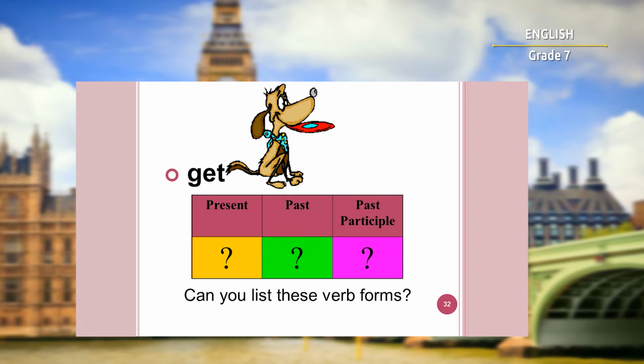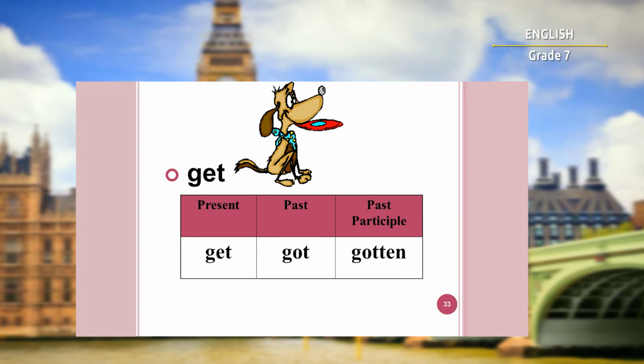The irregular verb get. Can you list these verb forms? Good job. The answer is get, got, gotten. You have done a great job, and it's time to have a break.